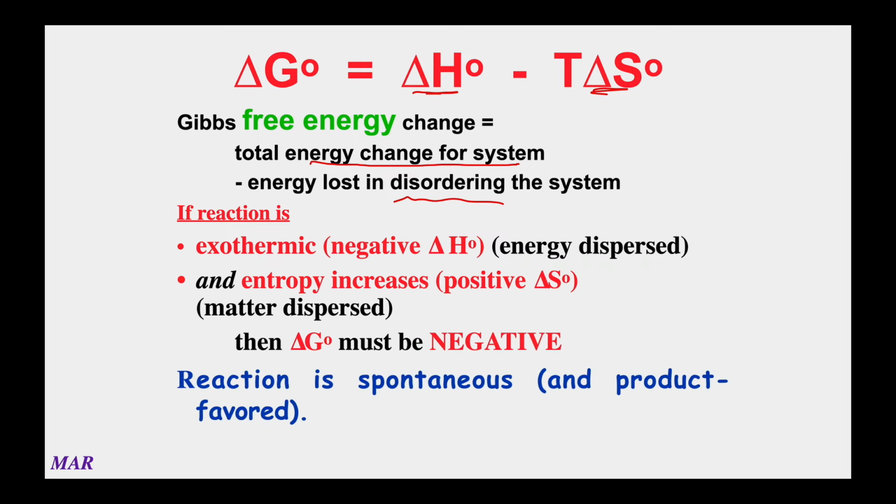You're always going to have a negative delta G. So if you want a reaction to be spontaneous all the time and product favored, you want a negative delta G. And you will always get a negative delta G, a spontaneous reaction, if you have an exothermic reaction and an increase in the entropy, a negative delta H and a positive delta S. Those conditions will always be spontaneous, always product favored.